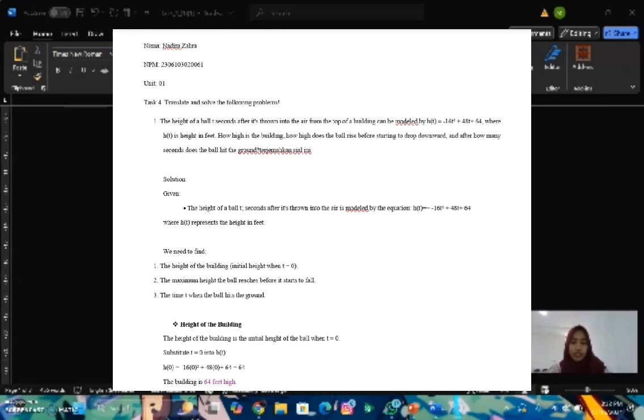So, substitute t = 0 into h(t). h(0) = -16 times 0 squared plus 48 times 0 plus 64, equal to 64, because -16 times 0 is 0 and 48 times 0 is 0. The building is 64 feet high.